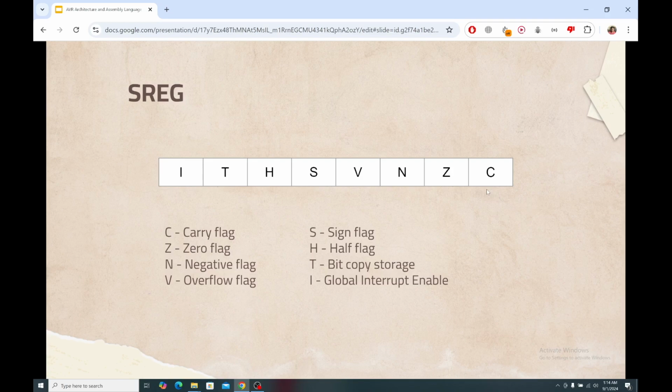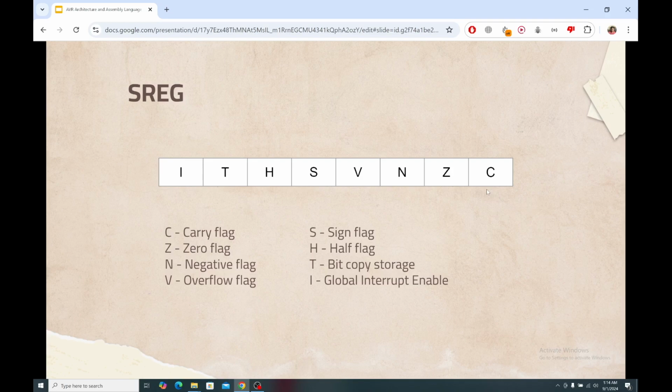For example, if the latest arithmetic and logic unit operation results in 0, the zero flag will be 1, else it will be 0.